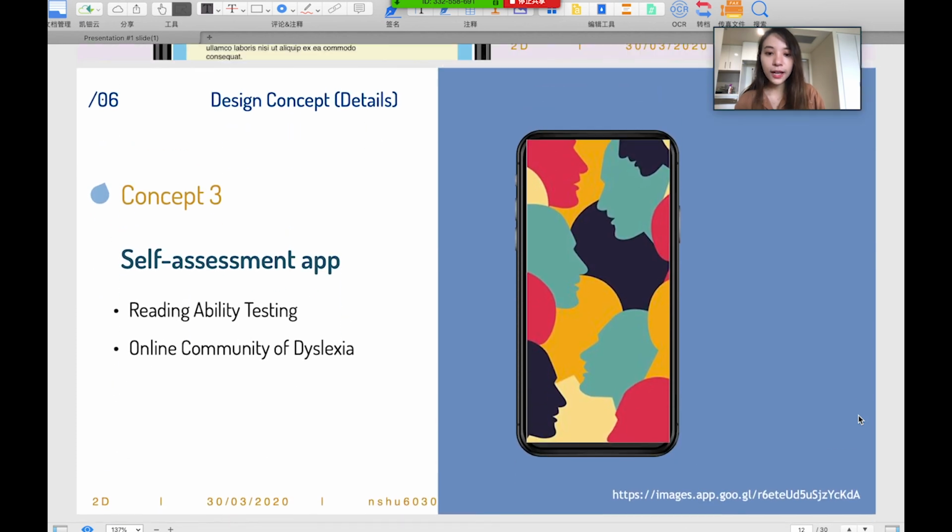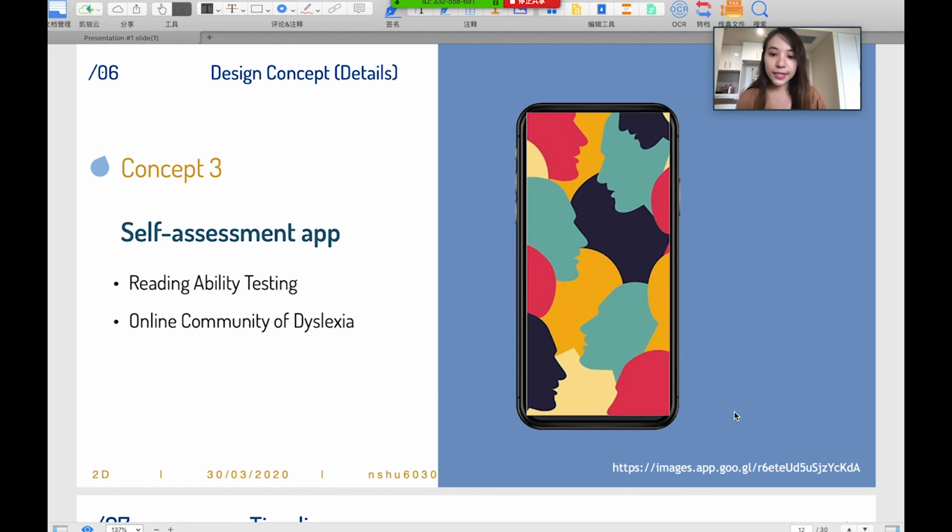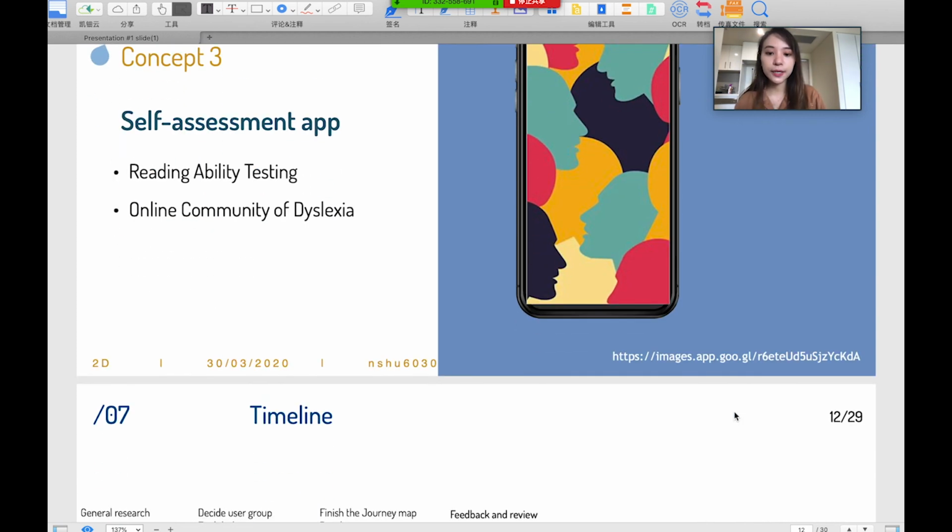And the last concept is a self-assessment app for recording the daily lives of people with dyslexia, to share important voice information and communicate with others within the community. There are several diagnostic tests which help users get an initial diagnosis of dyslexia, and it also has rehabilitation training.